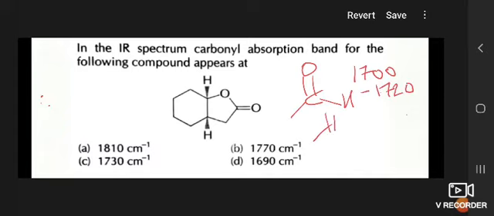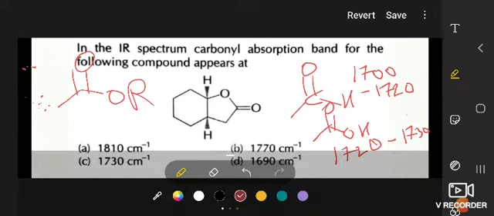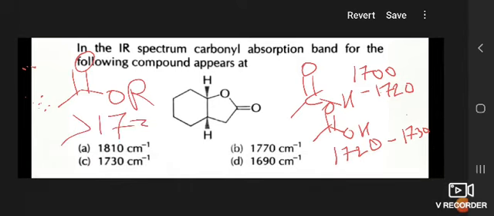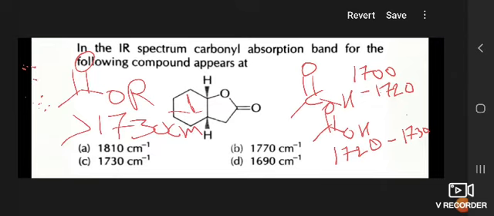If we are talking about acid, then its IR stretching frequency extends from 1720 to 1730. And if we are talking about an ester, then its IR stretching frequency is greater than 1730 centimeter inverse. Basically in most of the cases it is 1735 centimeter inverse.